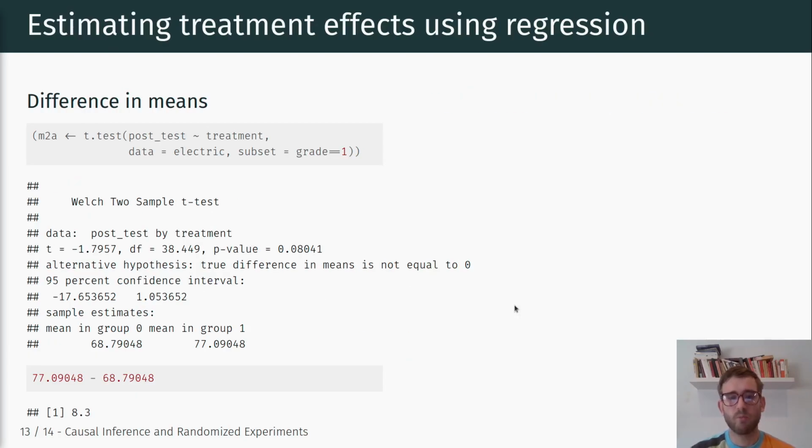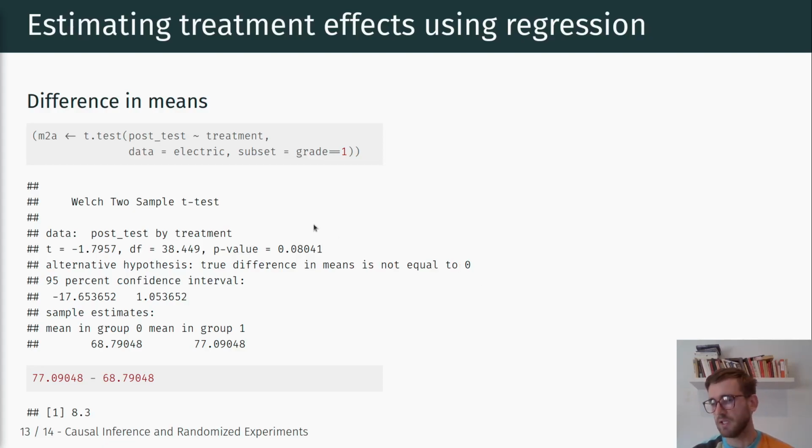Based on our discussion of average treatment effects and causal inference in the previous video, assuming that the treatment assignment was purely random, we can estimate the treatment effects by comparing the mean differences between the treatment group and the control group. So we can look at a basic difference in means estimator to estimate the average treatment effect.